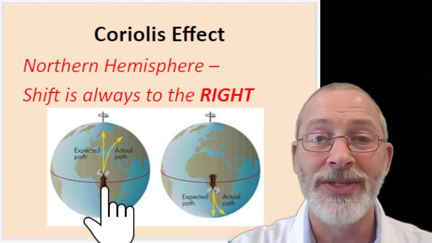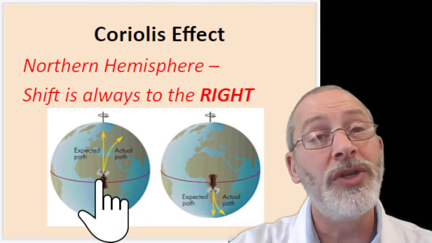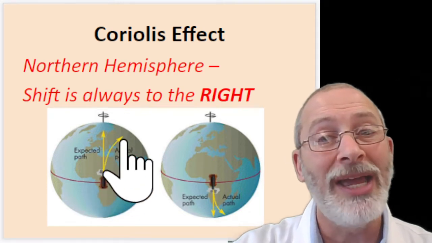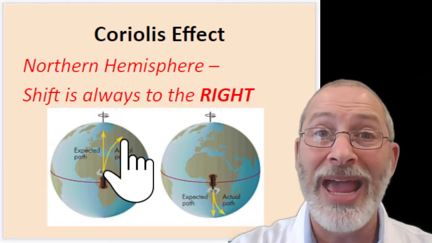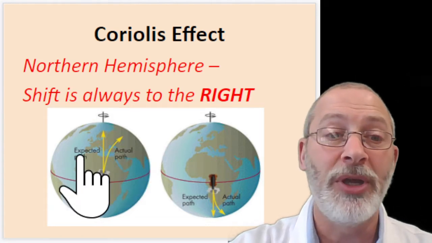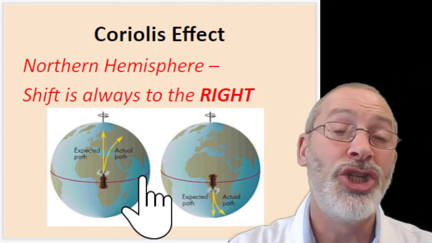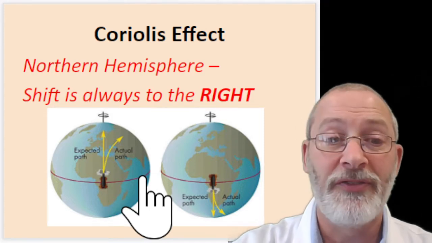Bottom line is this: if you tried to go in a straight line in the northern hemisphere, you would always be shifted to the right. That's what happens to the airflow or the wind in the northern hemisphere, because the Earth is spinning on its axis. That apparent shift we call the Coriolis effect.